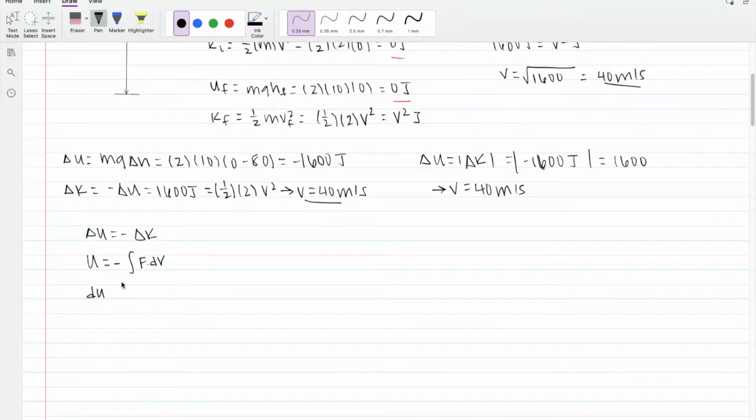So taking the derivative with respect to each side will give us negative F dr, and therefore we gather that F is equal to negative dU with respect to r.